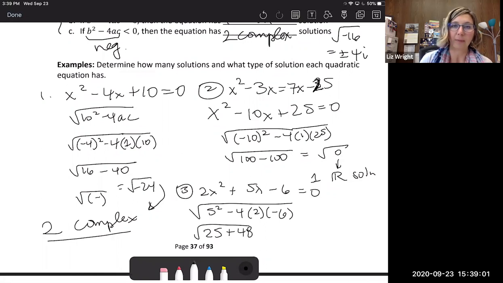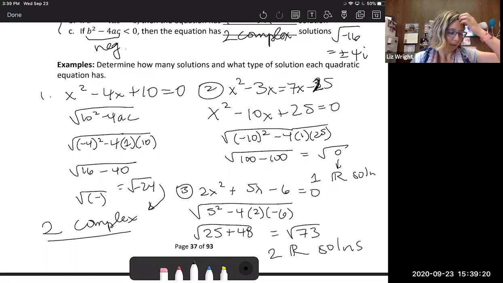And you can already tell it's going to be positive, right? So we've got 25 and 48, 73. All right, so the square root of 73 on that one, so that means it's positive underneath the radical, and then we're going to get two real solutions on that one.